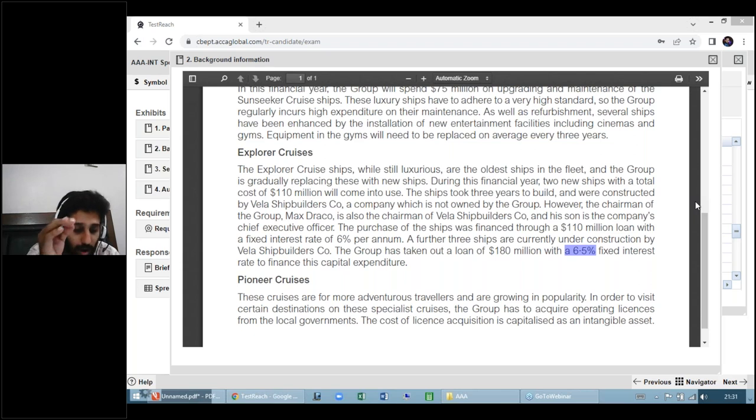Can anyone tell me the figure? What should be the capitalized amount? Yeah, it's 11.7.